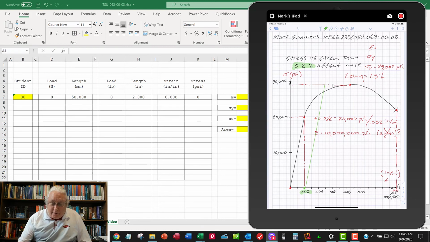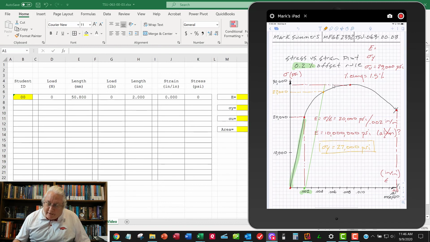It's parallel to this original line here. That's the data line. So I draw that parallel line, and then I just come over here and pick off the intersection, and I walk over to the y-axis and just read the value off, which looks like 27,000, 28, 29, 30. Yep. So that's the yield point. So the yield strength of this material is 27,000 psi.